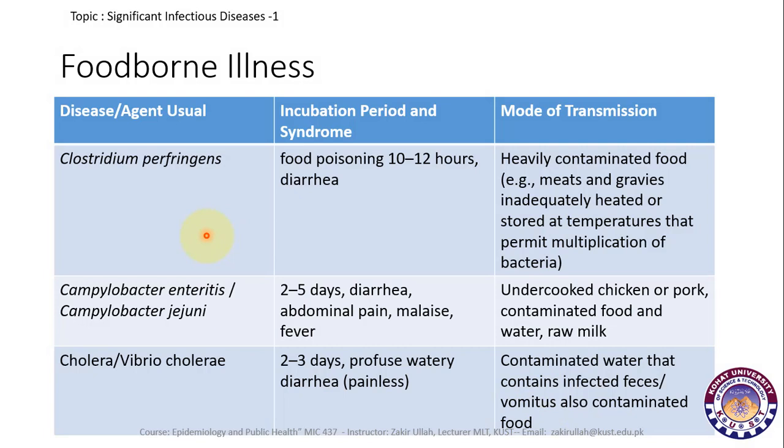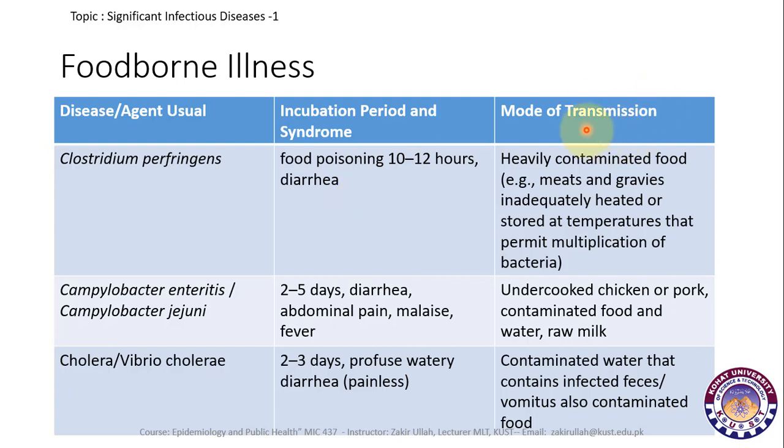Another disease is caused by Clostridium perfringens, gram-positive rods, and their incubation period is 10 to 12 hours, causing food poisoning, vomiting, diarrhea, and abdominal discomfort.